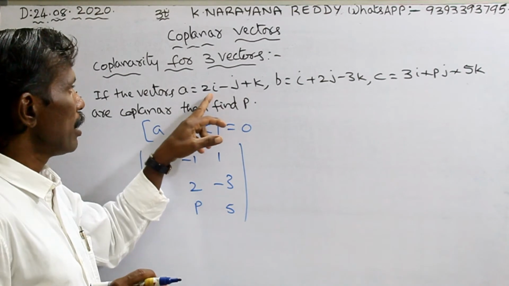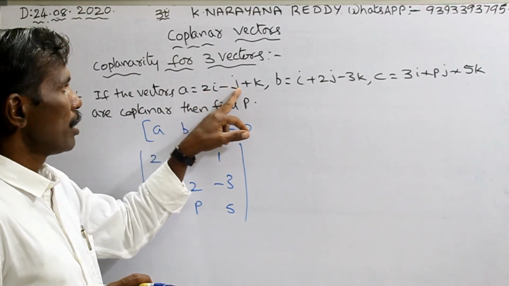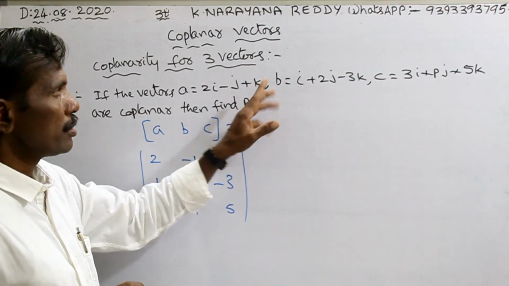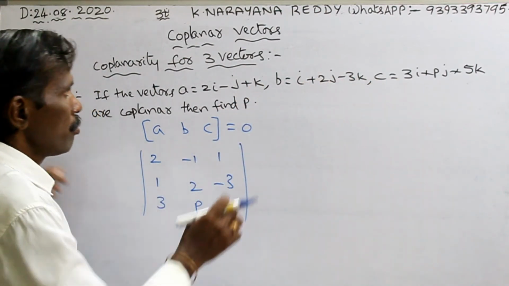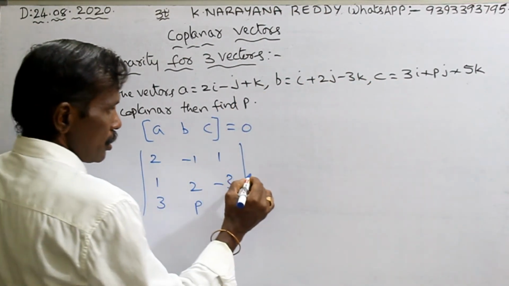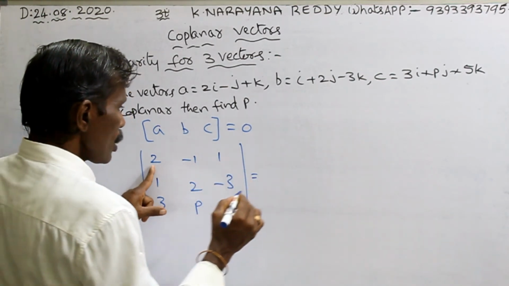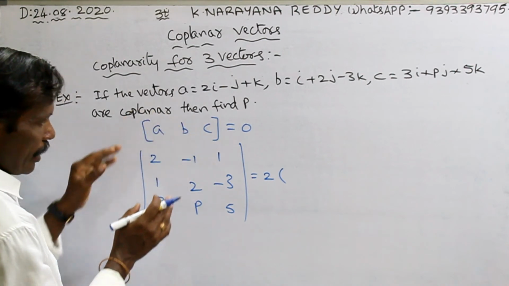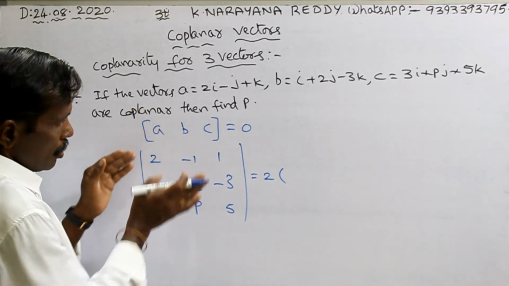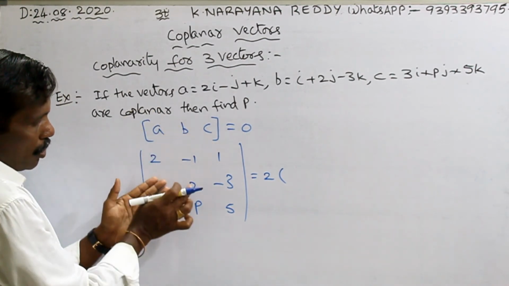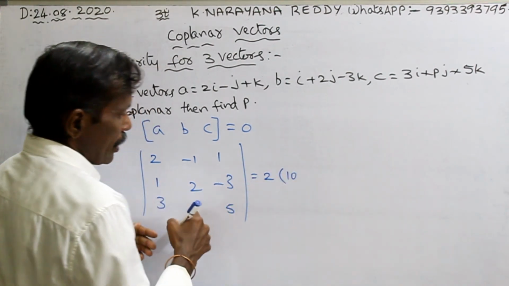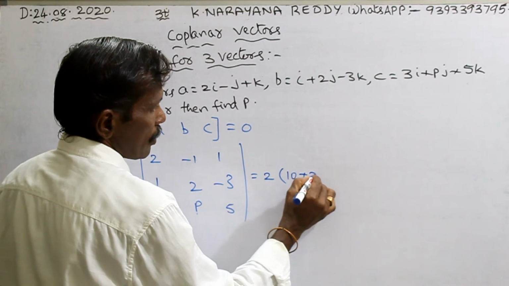We are writing simply the multiples of i, the multiples of j is minus 1, the multiples of k is 1. In the same manner, B and C. Now this equals 2 into, you know how to find the determinant when 3 rows and 3 columns are there. So this one, 2 into 5, 10 minus 2 minus plus 3p.